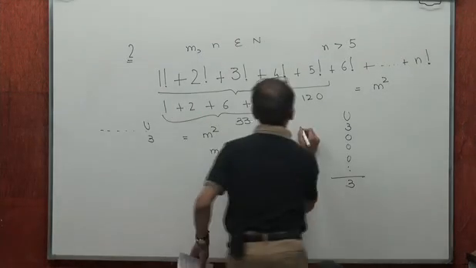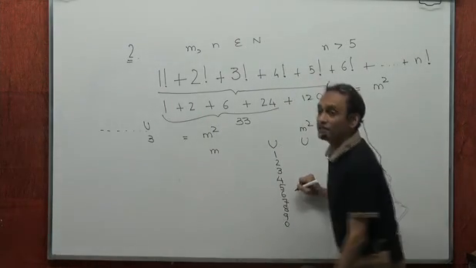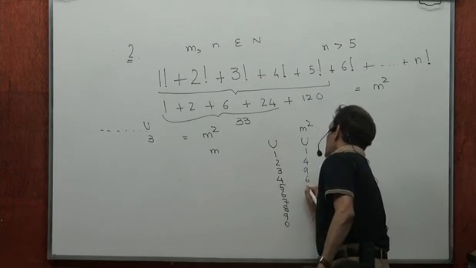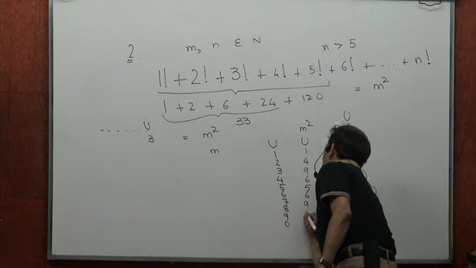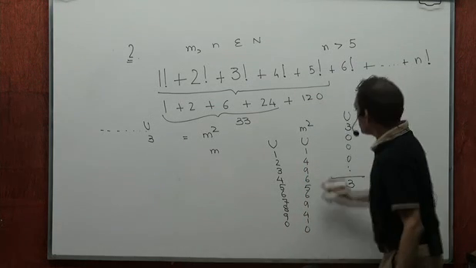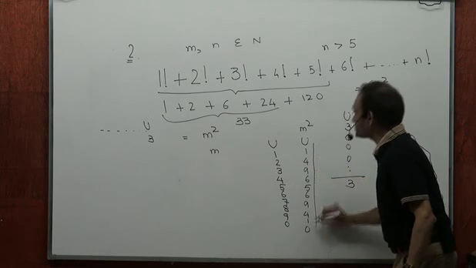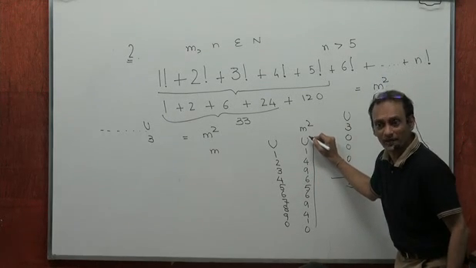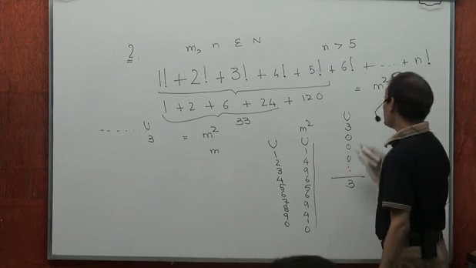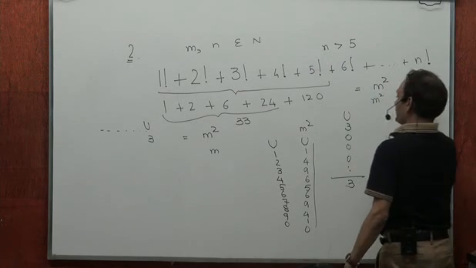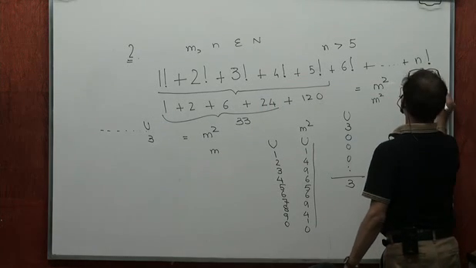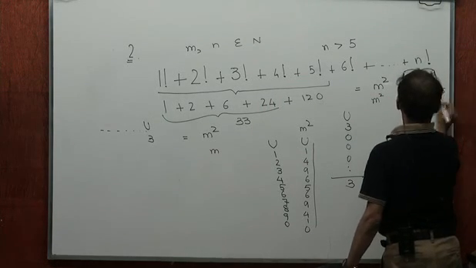So square of m will have in its units place 1, 4, 9, 6, 5, 6, 9, 4, 1, 0. These are the possibilities of the units place of m squared, yes or no? Right? So then m square will end with 1, 4, 6, 9, 5, 0.